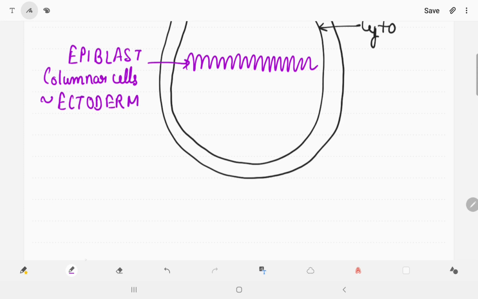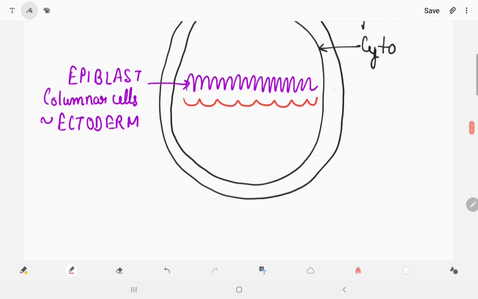And there is one more layer of cells, which is this layer. What I am drawing right now is the hypoblast. Hypoblasts are, as you can see in the diagram, flattened cells and they will in future develop into the endoderm.